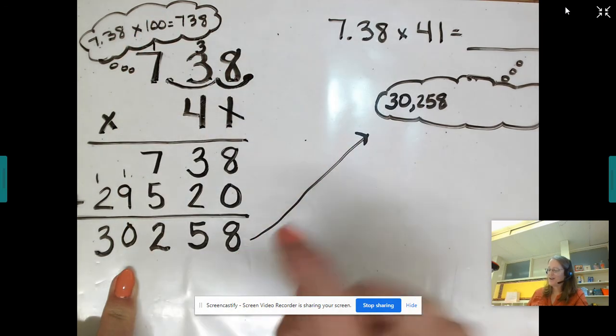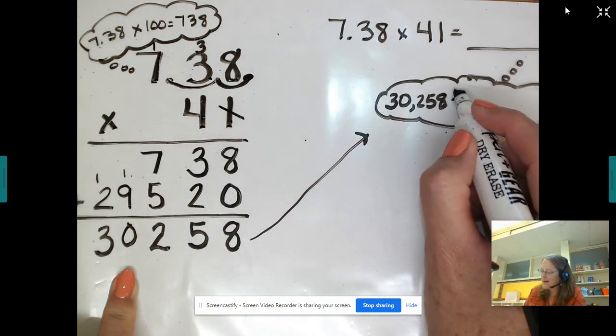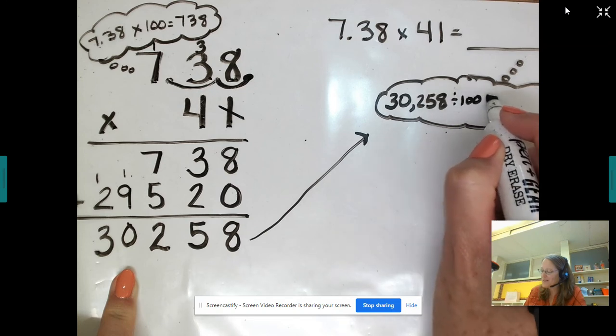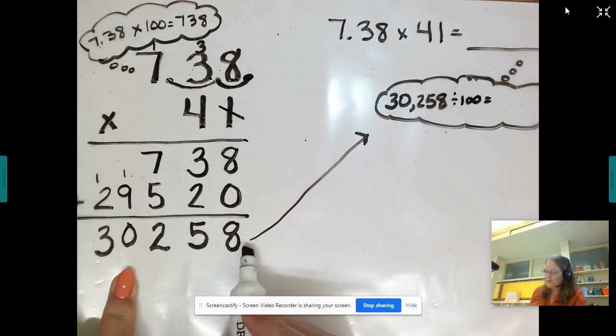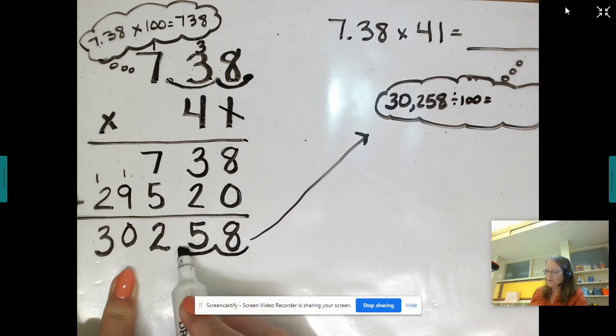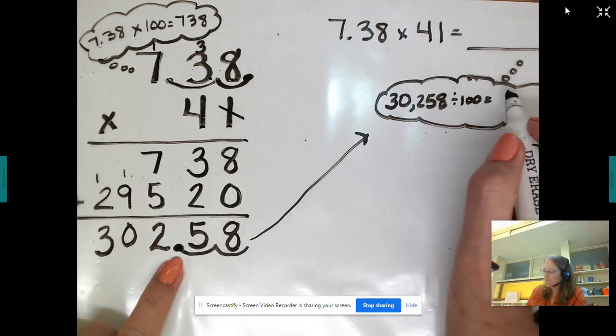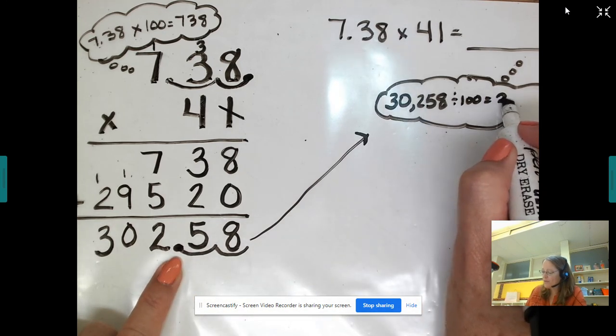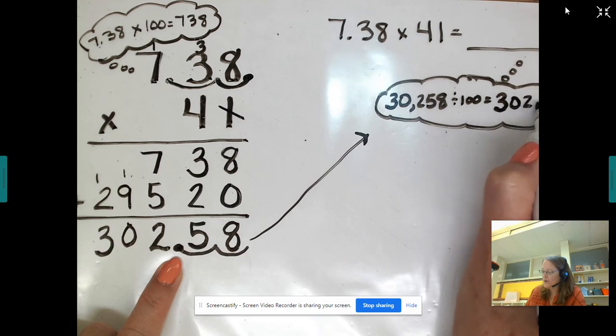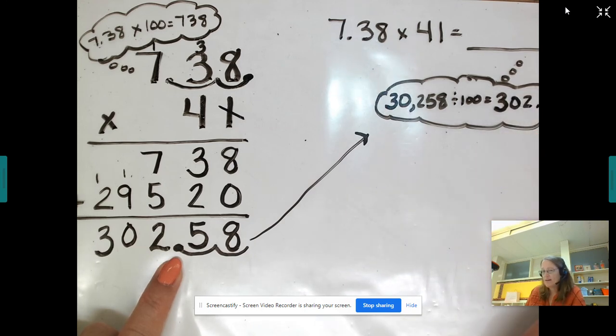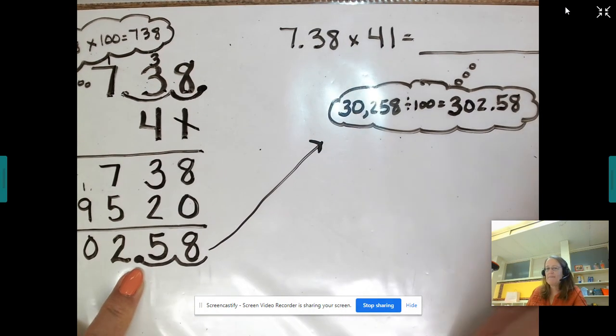So here, I need to divide by 100. And when I do that, I am simply moving that decimal 1, 2 times to the left. 302 and 58 hundredths. Oh, sorry about that.